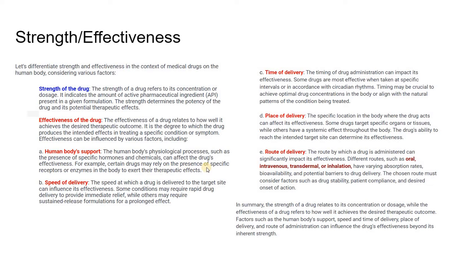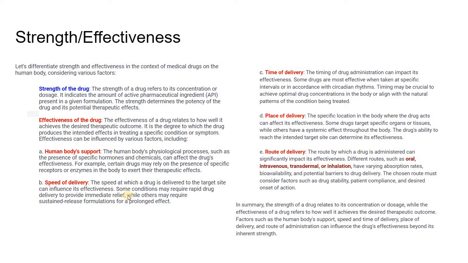For example, certain drugs may rely on the presence of specific receptors or enzymes in the body to exert their therapeutic effects. That way, a planet must have the human body's support. Like human body support, it should have the support of the environment it is acting on. So Vimsapakabala takes into account the environment.